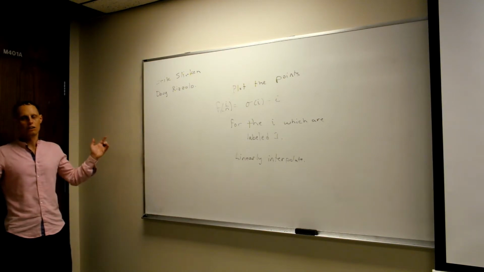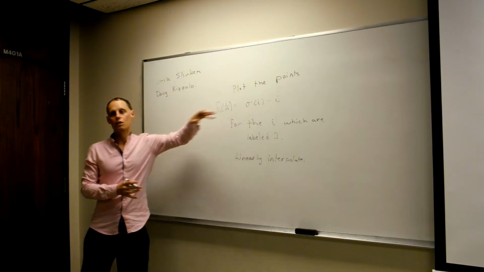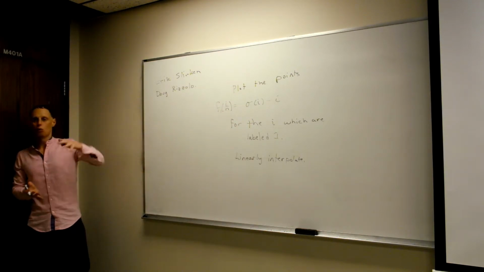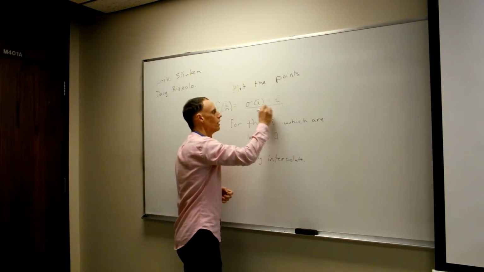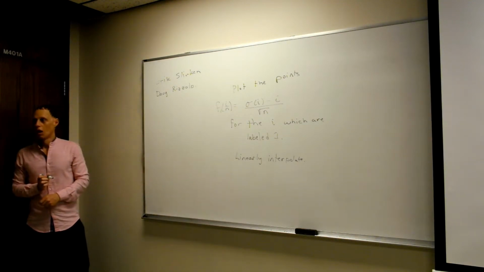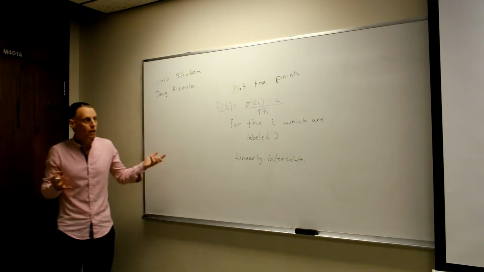I scale the x-axis by n, and I also want the y-axis to be comparable. To get the y-axis to be comparable, I want to divide this by square root n. And this gives me a function.